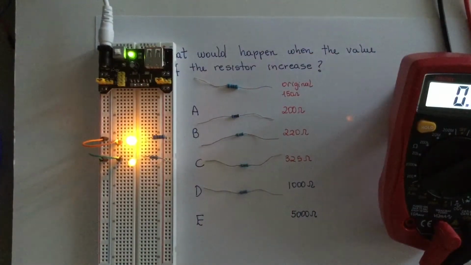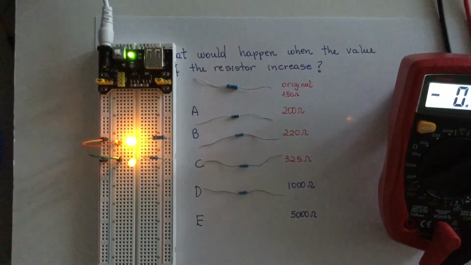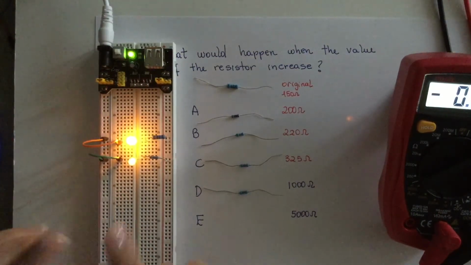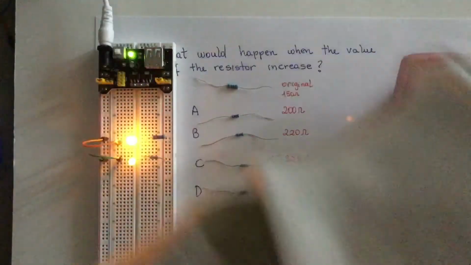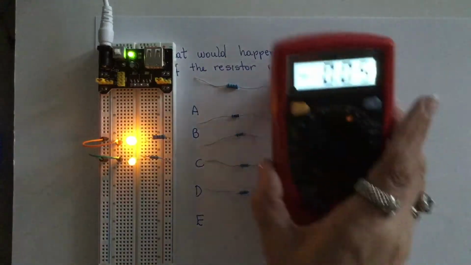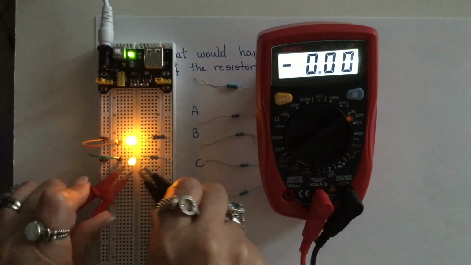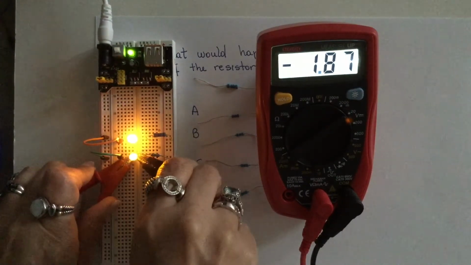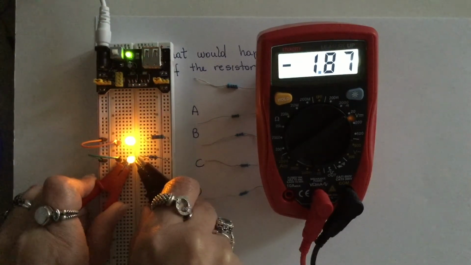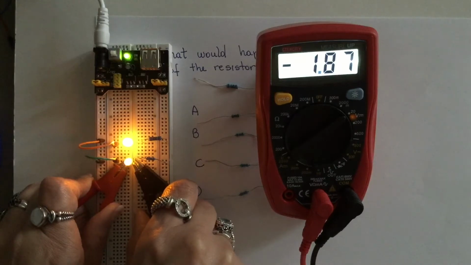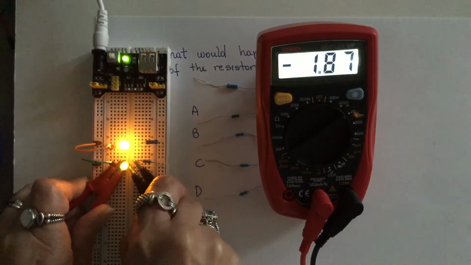Now the bottom line is all that we should care is that the voltage across this LED is 2 volts. So let's check the voltage across this guy. So it is 1.87, which is still in the range of its operational requirements.